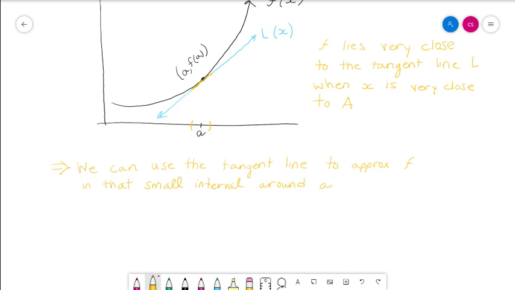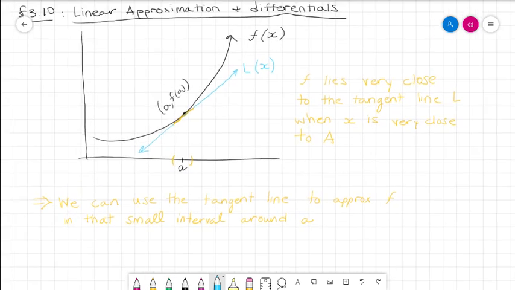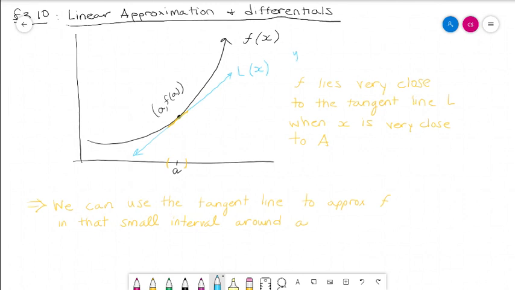Okay, so let's talk about L of x. Let me just jog your memory. The way we find the tangent line is we use point-slope form, right? y minus y1 equals the slope, but the slope is the derivative.